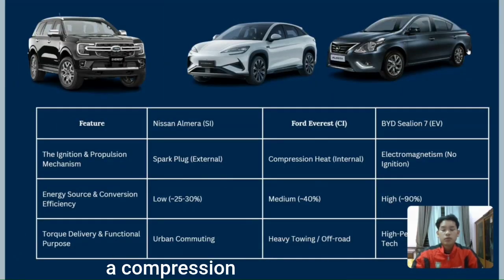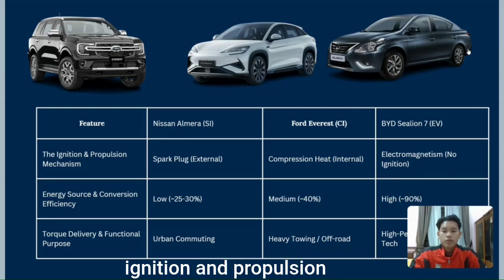Now I also made a comparison table to make it easier to understand the differences between these three cars. For the first one is the ignition and propulsion system. The Nissan Almera uses a spark plug, which ignites fuel using an external spark.